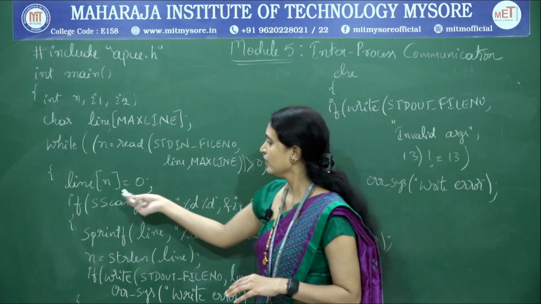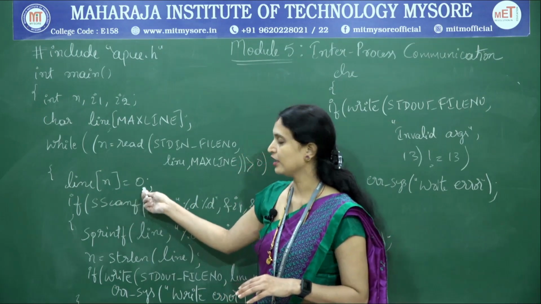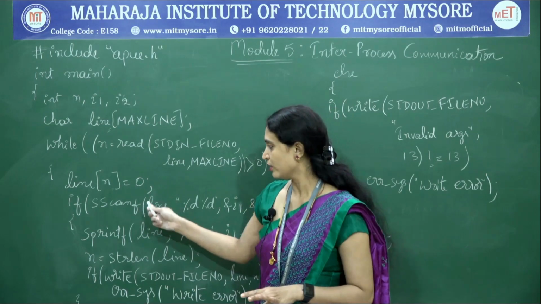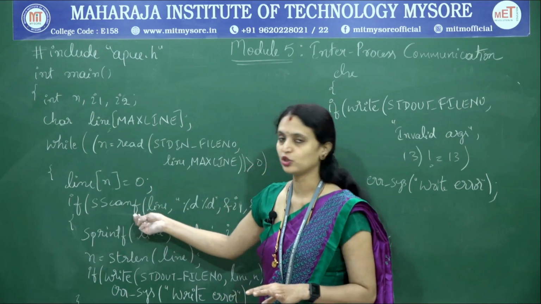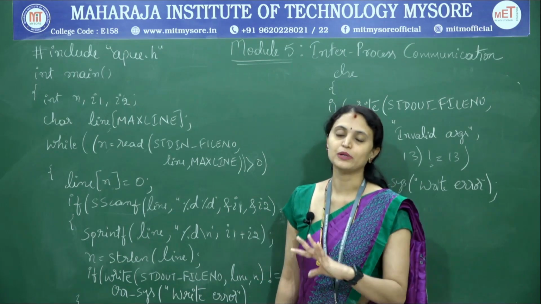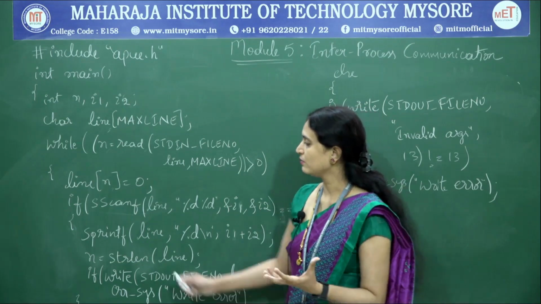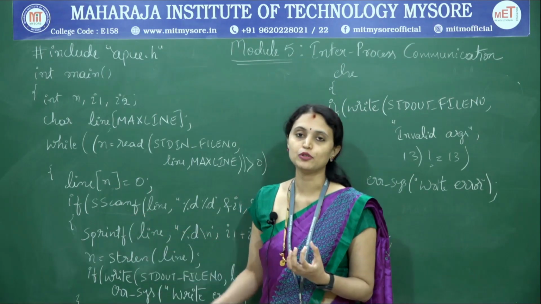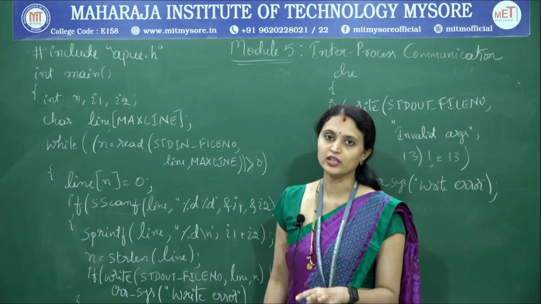At the end I am terminating with the null, so that's why I am initializing it with a 0. Now I am checking scanf. I have already told you about scanf in the previous sessions. This is similar to scanf, but the difference is we will be reading the input from the formatted string.